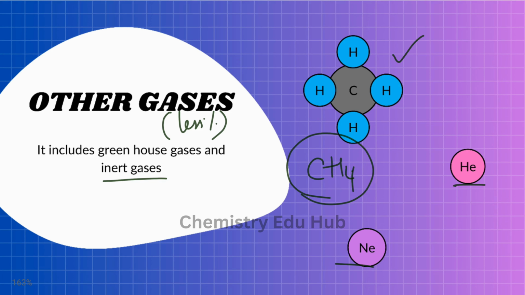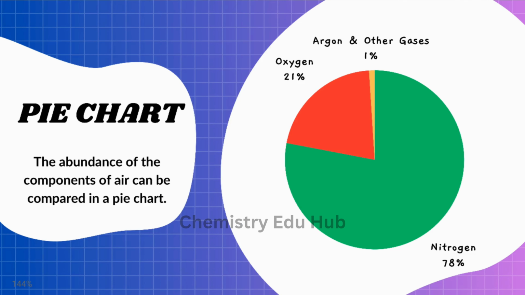This is also considered to be a greenhouse gas, and apart from this there can be other pollutants also, like nitrogen dioxide, sulfur dioxide, etc., which cause damage to the quality of the air. This is an overview of the components that are present in the air.